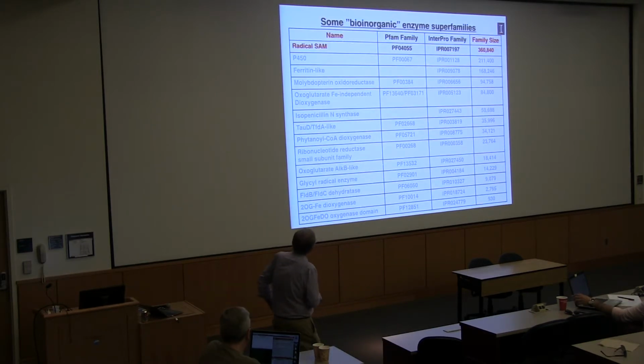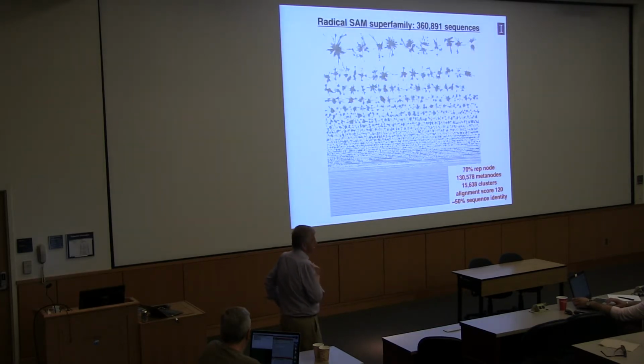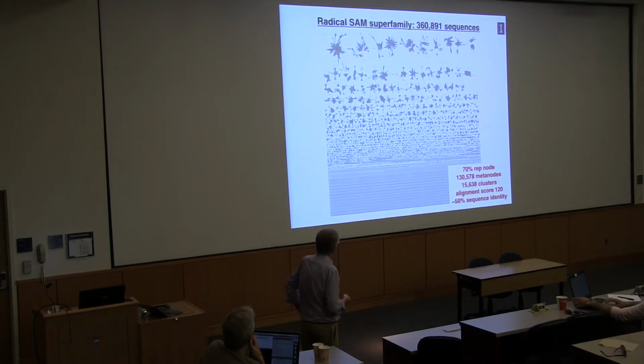Okay, everybody is interested in radical SAM. So here is a radical SAM network. Tyler Grove, who I think a number of you are familiar with, suggested that I use an alignment score of 120 that corresponds to about 50% sequence identity. And when you do that, there are 15,638 clusters in this network.